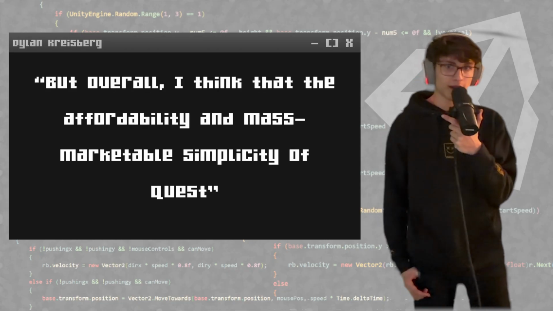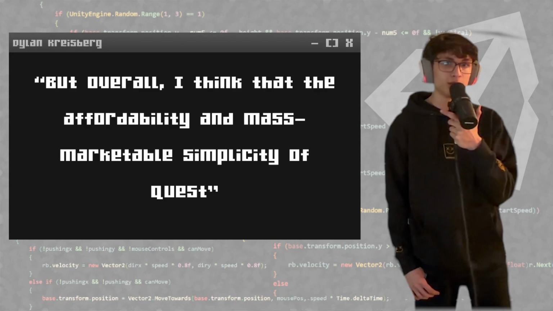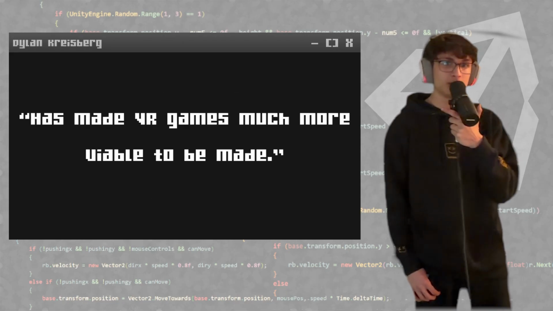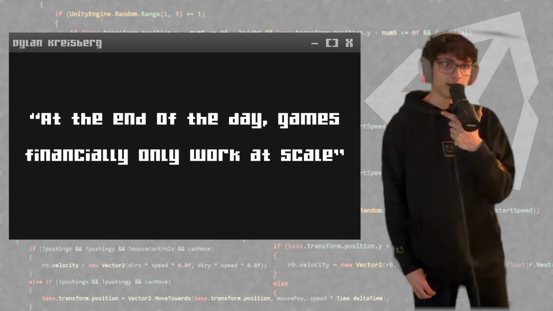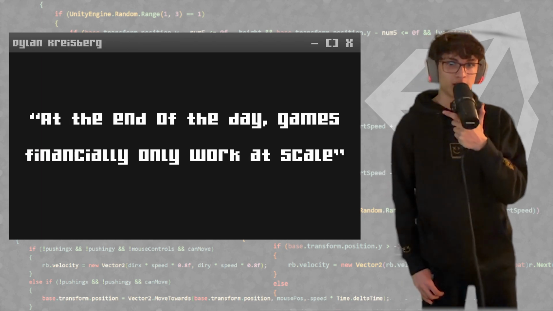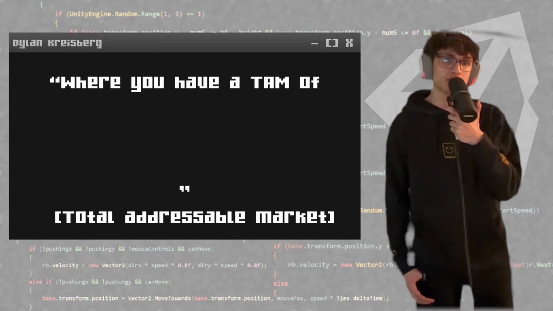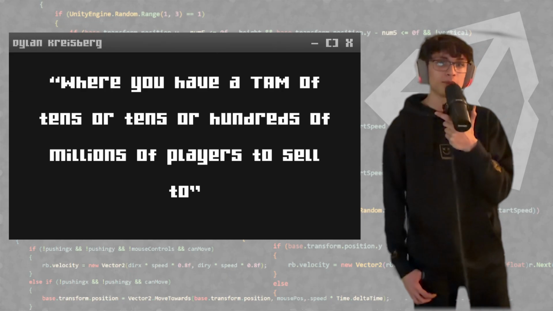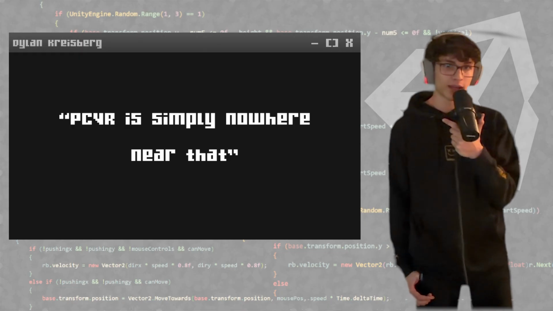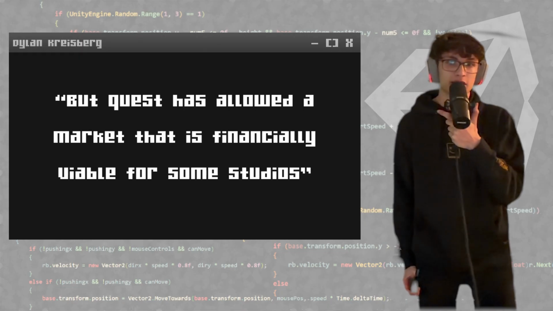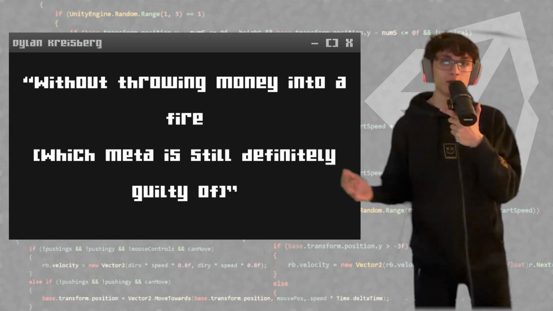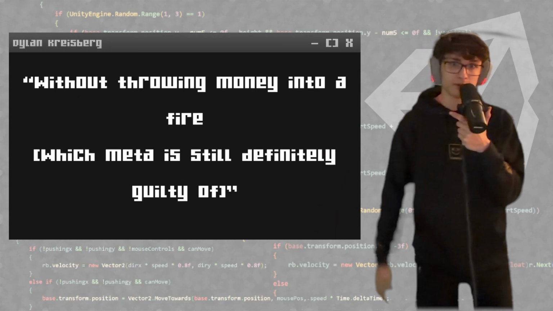But overall, I think that the affordability and mass marketable simplicity of Quest has made VR games much more viable to be made. At the end of the day, games financially only work at scale where you have a TAM, total addressable market, of tens or hundreds of millions of players to sell to. PC VR is simply nowhere near that, but Quest has allowed a market that is financially viable for some studios without throwing money into a fire, which Meta is still definitely guilty of.